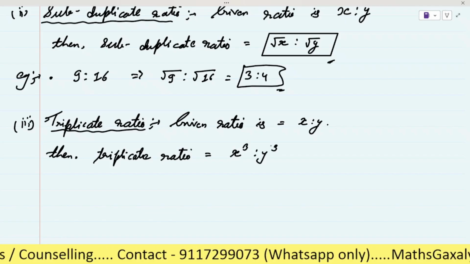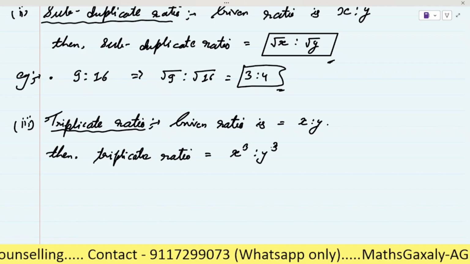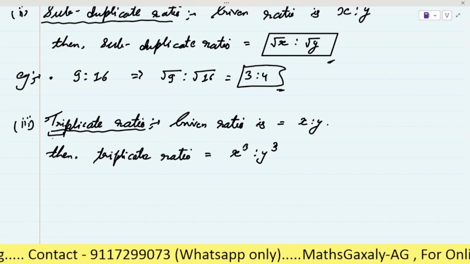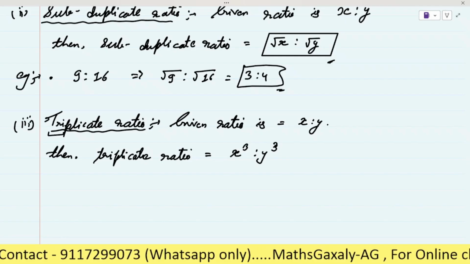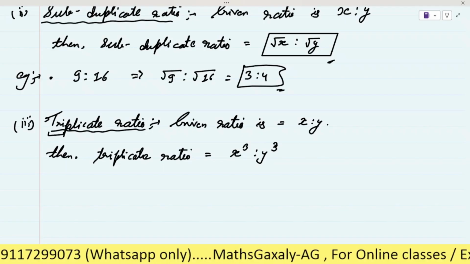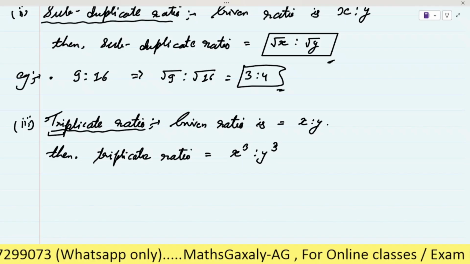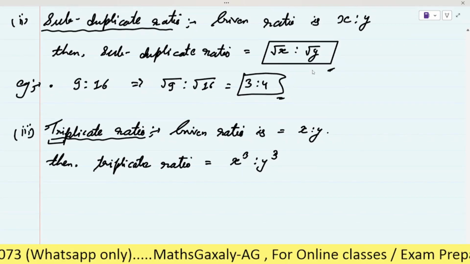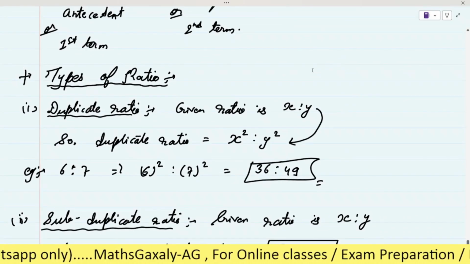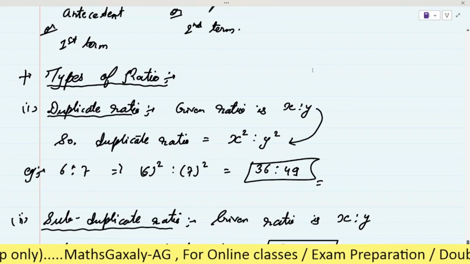It's too simple; by the name you can easily understand. Tri means 3, triplicate, so you just give the power 3. Similarly, duplicate means make it 2, so just give the power of 2.